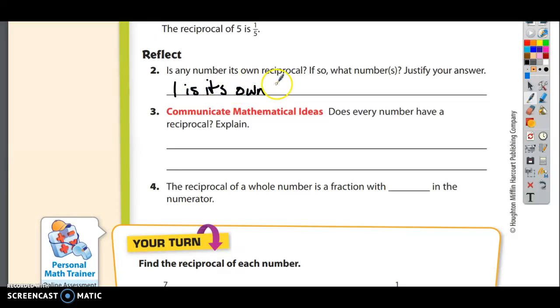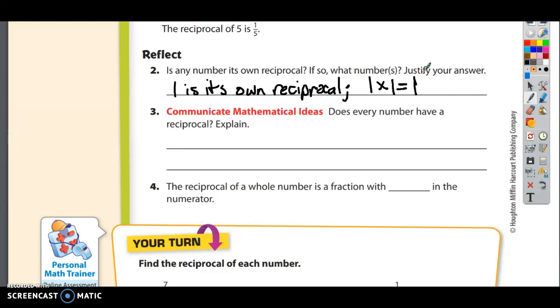It asks to justify your answer, and we're just going to simply write this. 1 times 1 is equal to 1. That's the point. If you multiply it by something and it becomes 1, that means it's a reciprocal. Well, 1 is its own reciprocal because 1 times 1 equals 1.